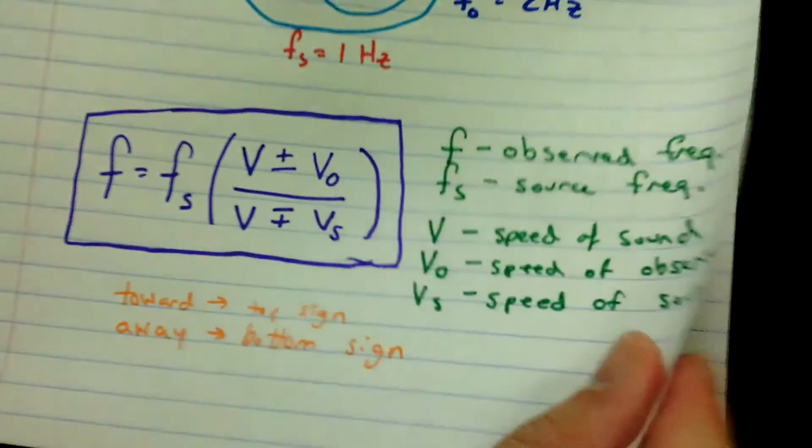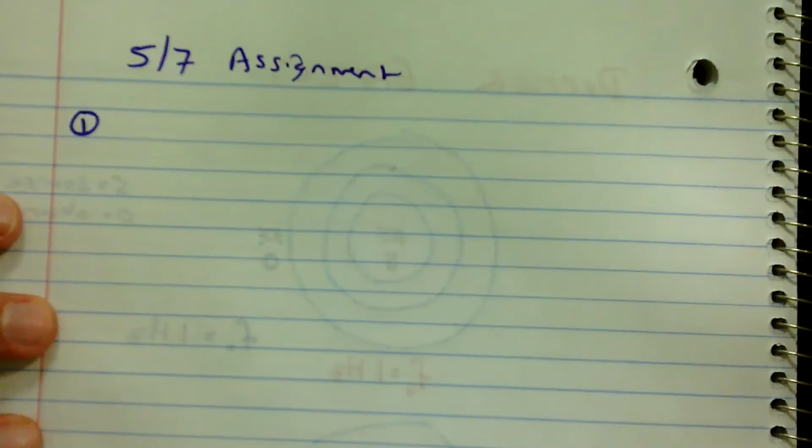Okay, so let's do this. You can call this the 5-7 assignment. I always start, and I know that you will roll your eyes when I say picture, but I really think that a sketch of what's going on is really helpful in these situations.